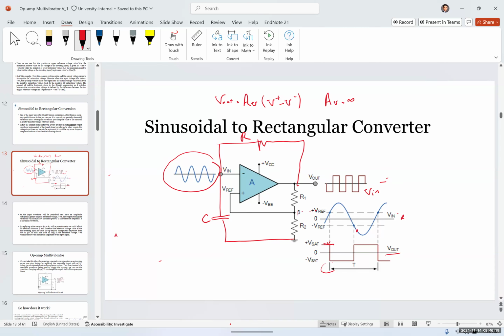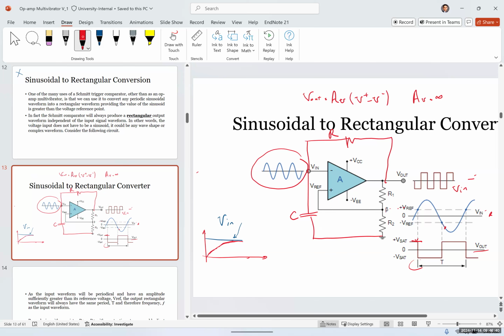When you give a capacitor a positive voltage, imagine I'm giving it, I'm going to draw Vn with the blue one. So if I give Vn to the capacitor, the voltage would slowly start charging until it's fully charged. So the capacitor voltage will look like this, and this is going to be my capacitor voltage Vc.